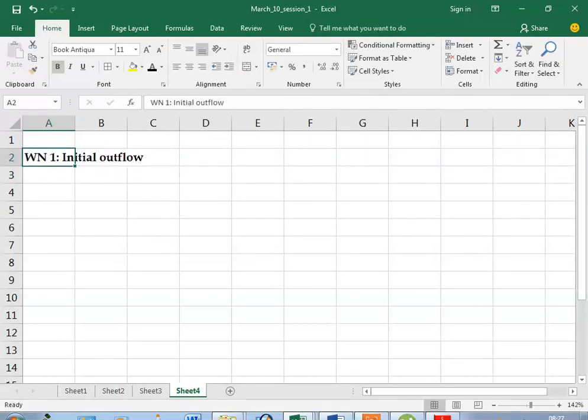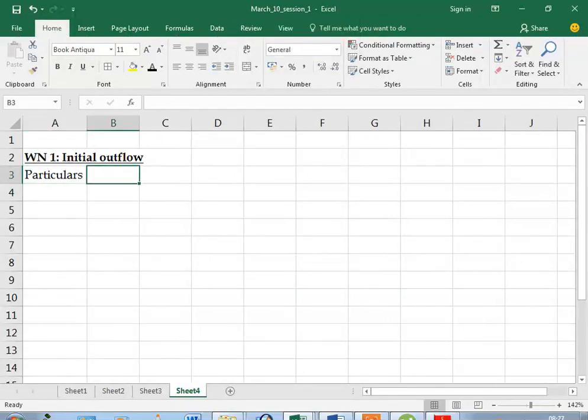Initial outflow. Particulars and amount. What are the initial investments?